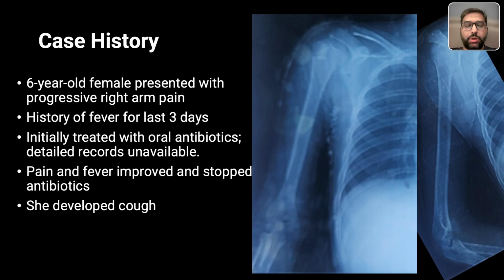Next slide. So I will talk about a case of a 6-year-old girl who presented with progressive right arm pain to her GP initially, and she presented with a history of fever for the last 3 days. She was initially treated with oral antibiotics, and as is a very common case, once the fever subsided, the pain subsided, so they just left the antibiotics.